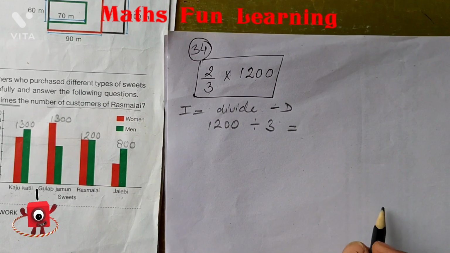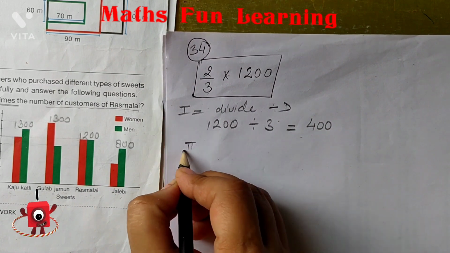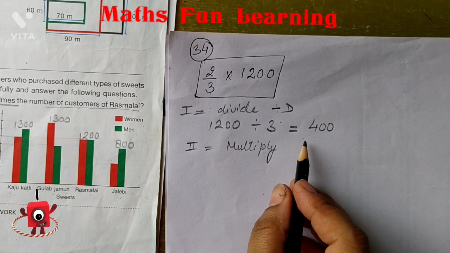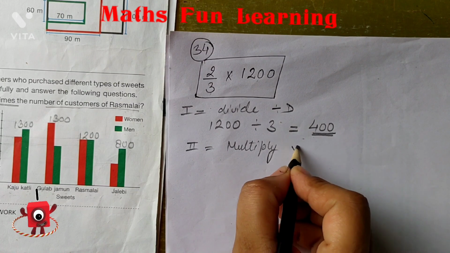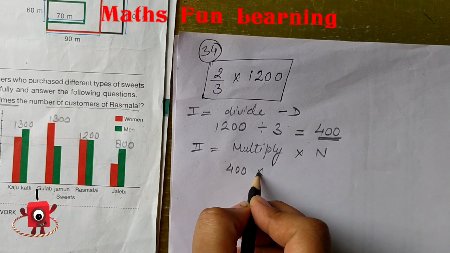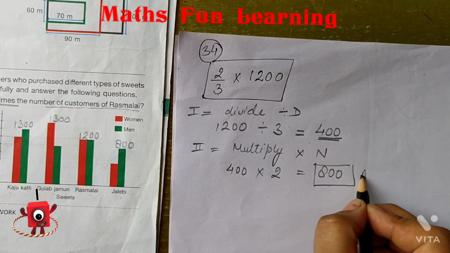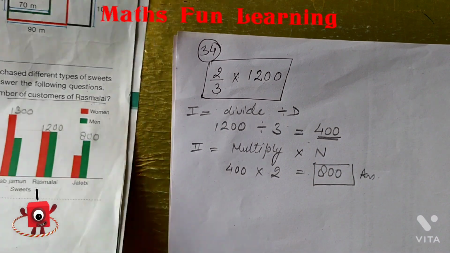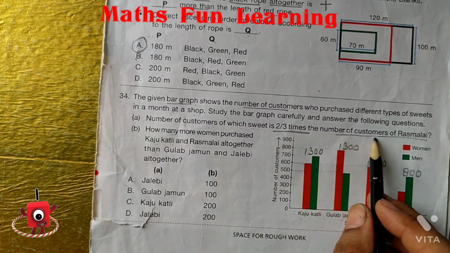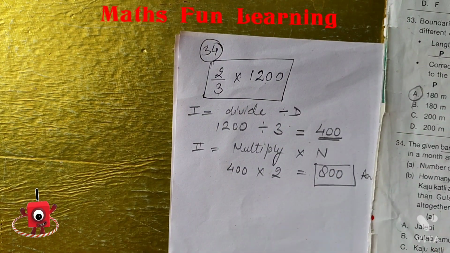What's our answer? It is 400. The second step is you have to multiply the answer by the numerator. So 400 multiplied by 2 gives you 800. So this is your answer. The number of customers that is 2/3 times the number of customers of Rasmalai is 800.